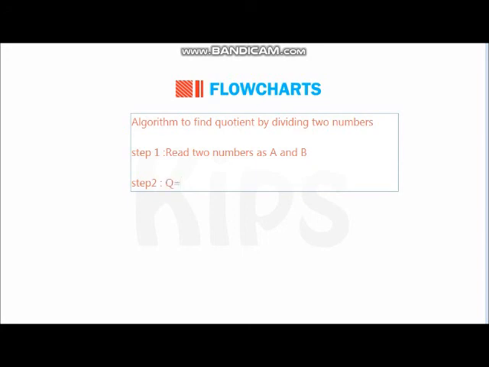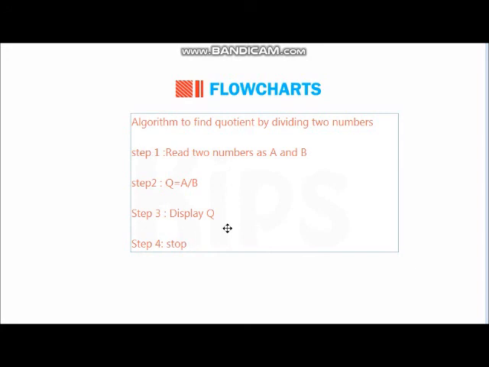So Q is equal to A divided by B. Step 3, display Q. Step 4, stop. Okay, so this is the simple algorithm to find the quotient. So these two algorithms you have to write in your notebook, and that's all for today. Next class I will be explaining flowcharts in detail.